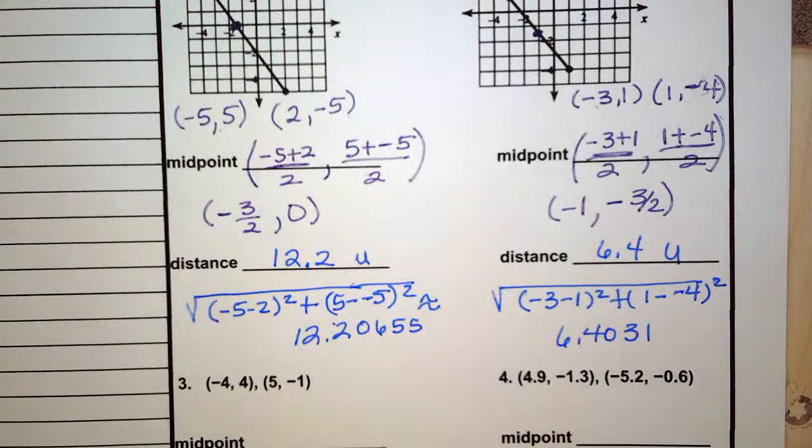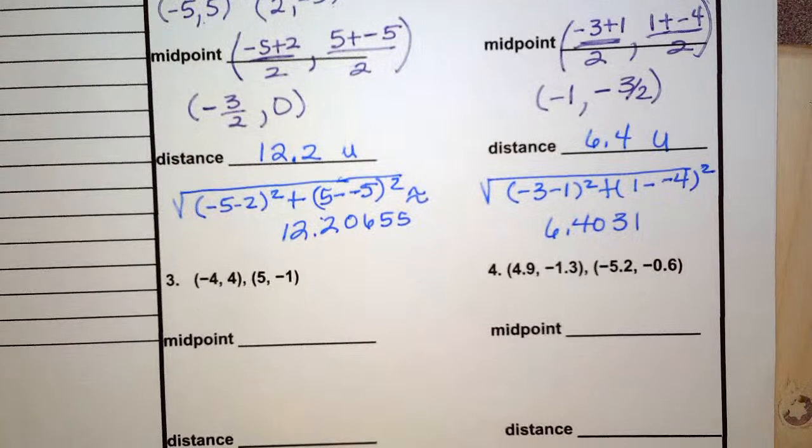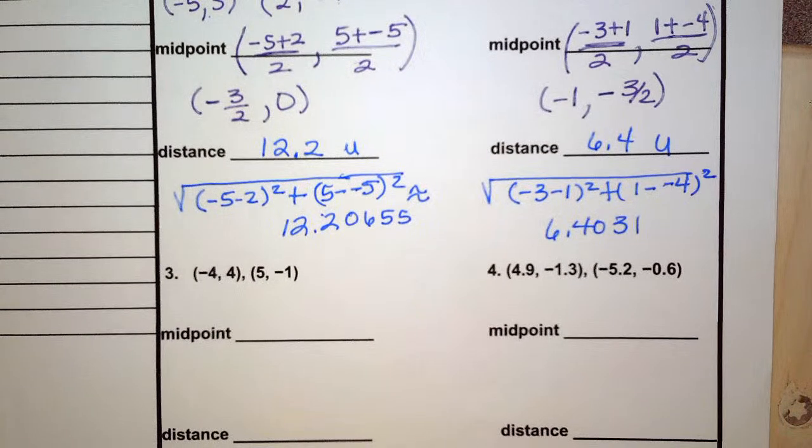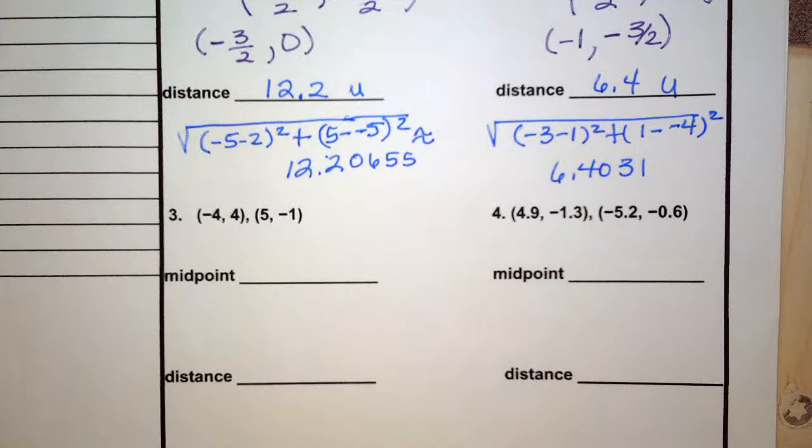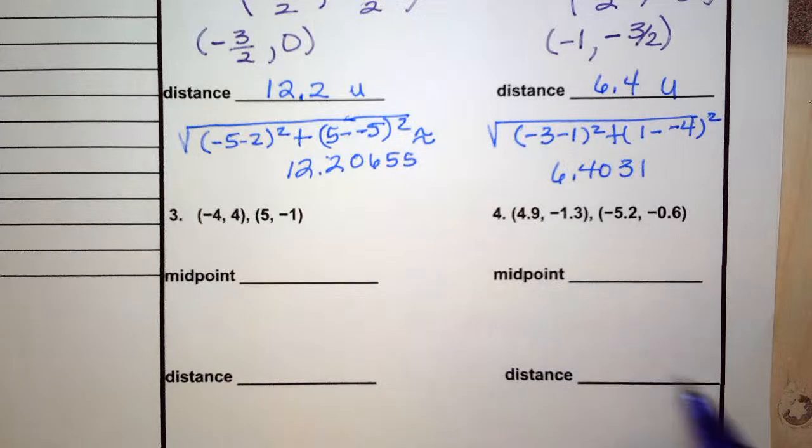Okay, if you feel comfortable, go ahead and do the last two now. Make sure you use a calculator because it makes your life so much easier. If you still are struggling, we'll do one more together, and then I do want you to try the last one on your own.